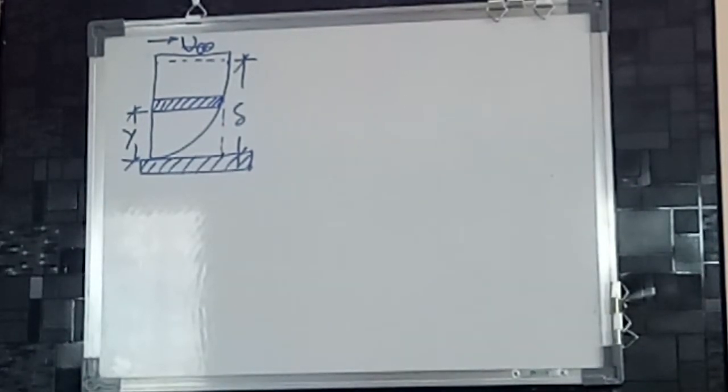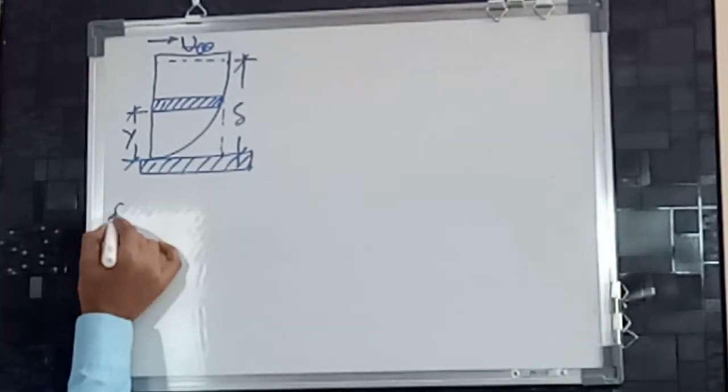First we'll see what the displacement thickness is. It is the distance perpendicular to the boundary by which the boundary should be displaced outward to compensate for the reduction in the discharge in the boundary layer formation.